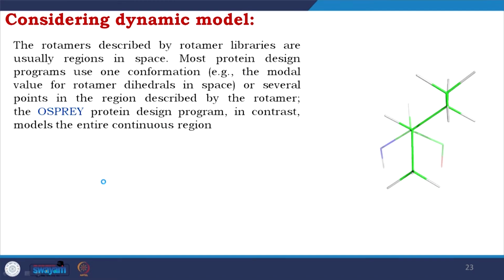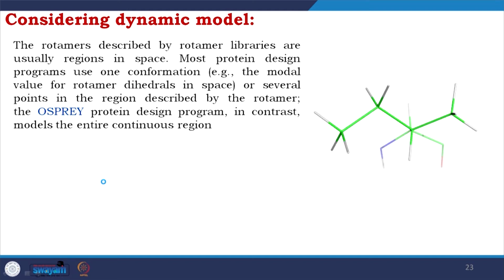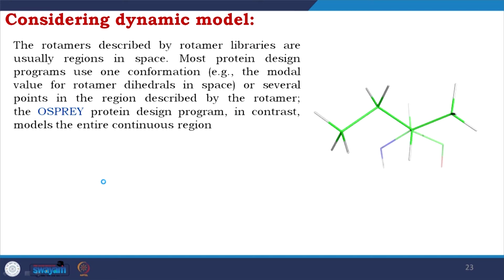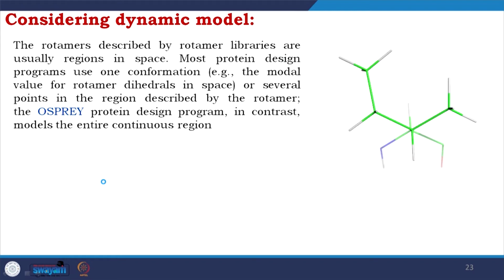The rotamers described by rotamer libraries are usually regions in space. Most protein design programs use one conformation, that is the modal value for rotamer dihedral in space, or several points in the region described by the rotamer. The Osprey protein design program in contrast models the entire continuous region.